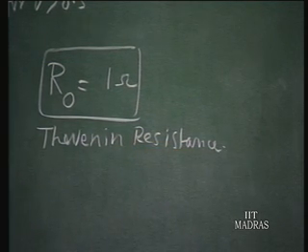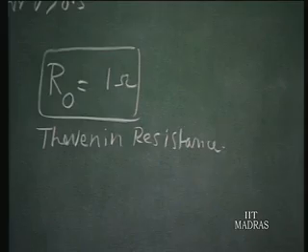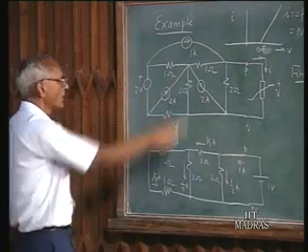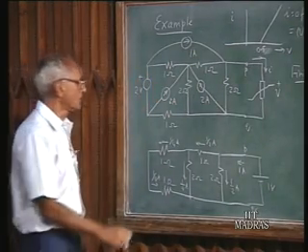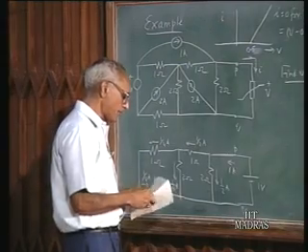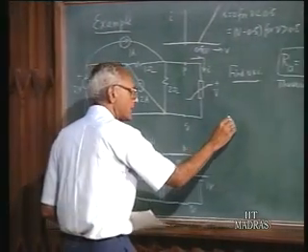Now we have to find out the open circuit voltage across the terminals PQ when all the sources are acting at the same time. So we have to have a network like this.